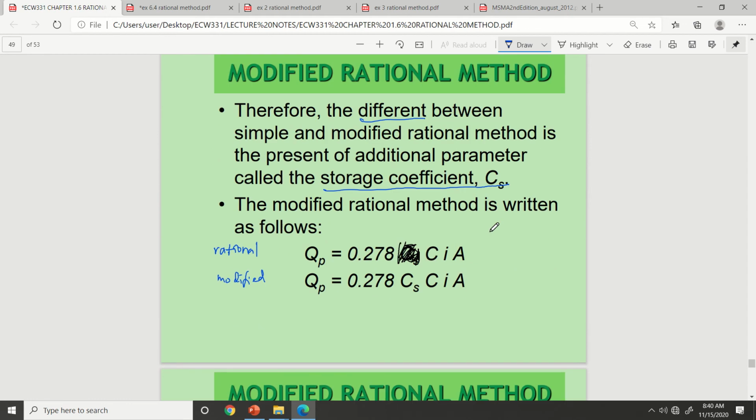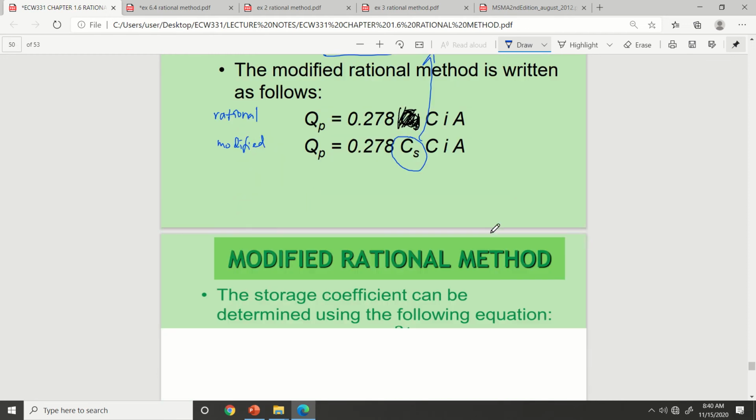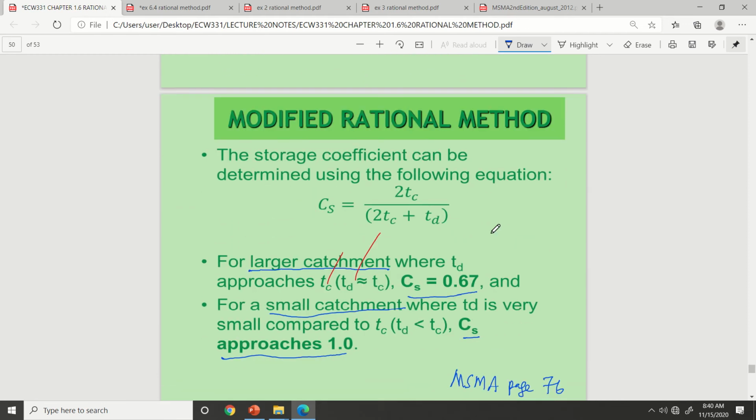Alright, so this one is the rational method. If you modify it, you have CS. CS is the storage coefficient. To determine for a larger catchment, CS is actually 0.67, or you can calculate by using this formula.